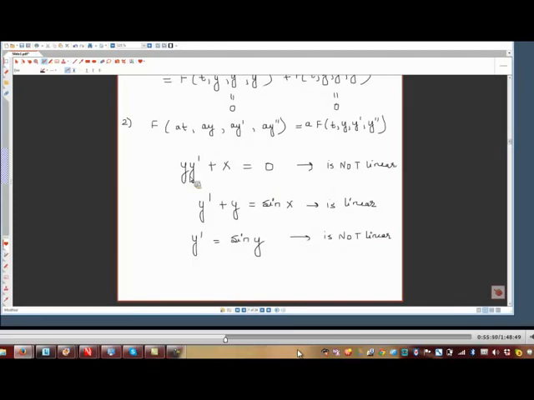Another way of looking at it is, you can think of this backwards. If you have y square and you differentiate y square with respect to x, you don't get just 2y.